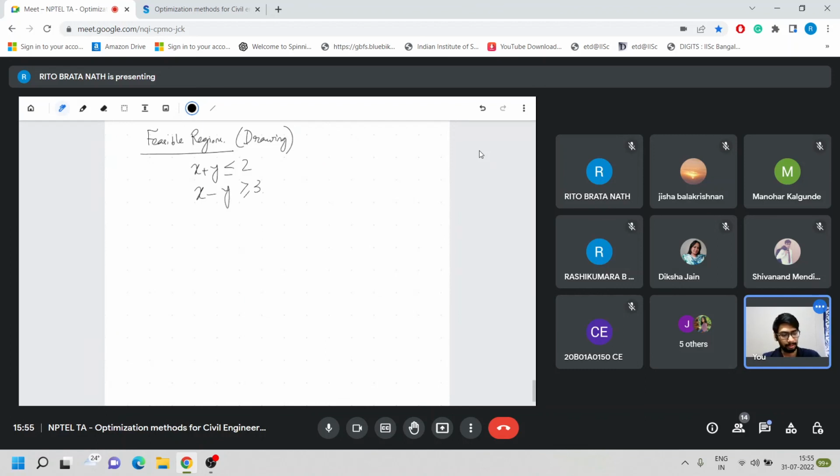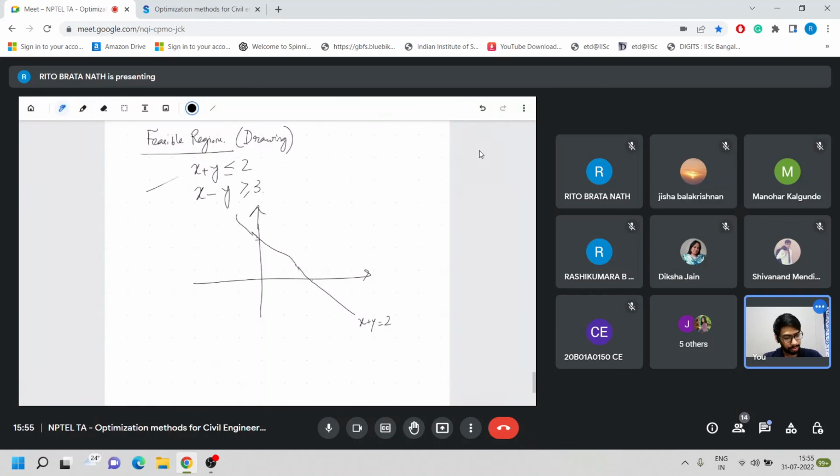What you have to do is, for x plus y less than or equal to 2, first draw the line x plus y equals 2, and then denote the region.